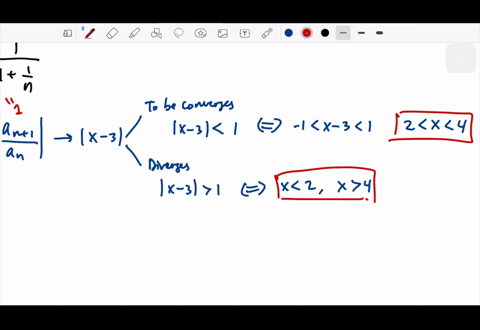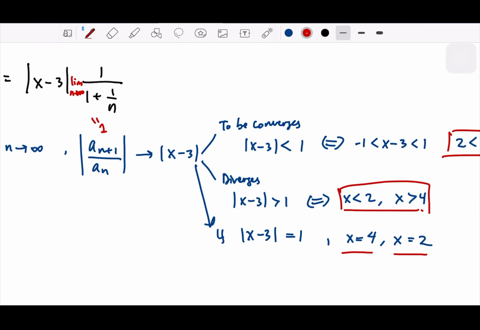We are still not clear which one converges. We need to check also when x minus 3 is equal to 1. So either x equals 4 or x equals 2. We need to check one by one, 4 and 2, against our results.